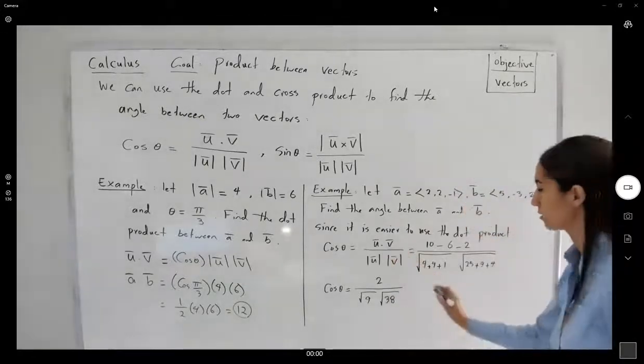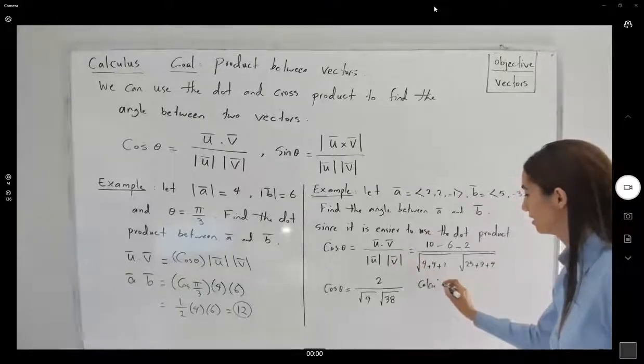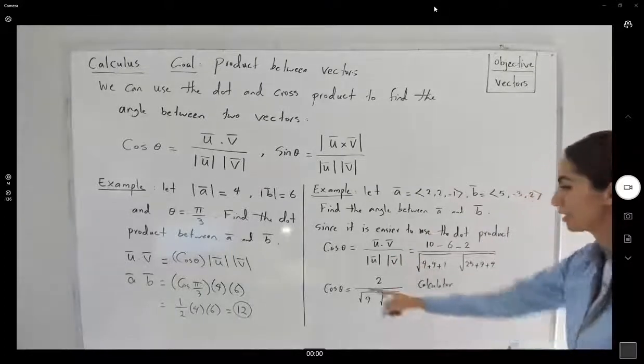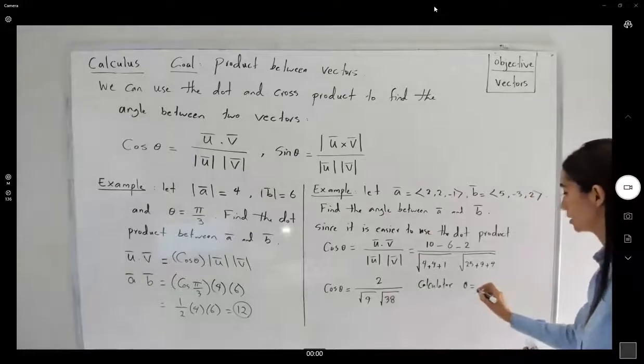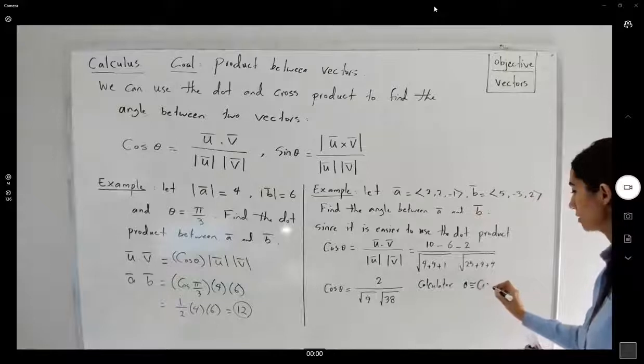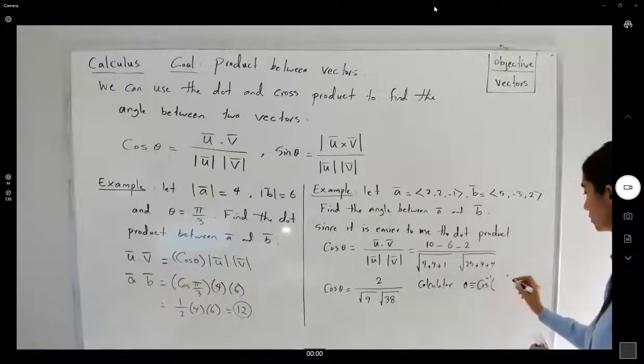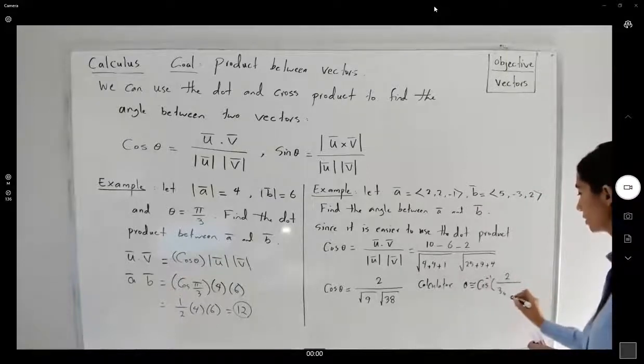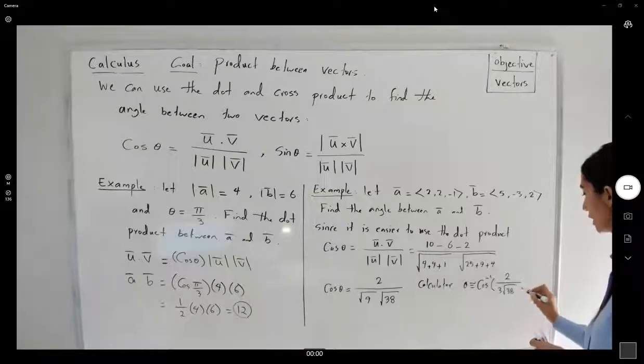So let us use our calculator to estimate theta. Theta is approximately inverse cosine of 2 divided by 3 times square root of 38.